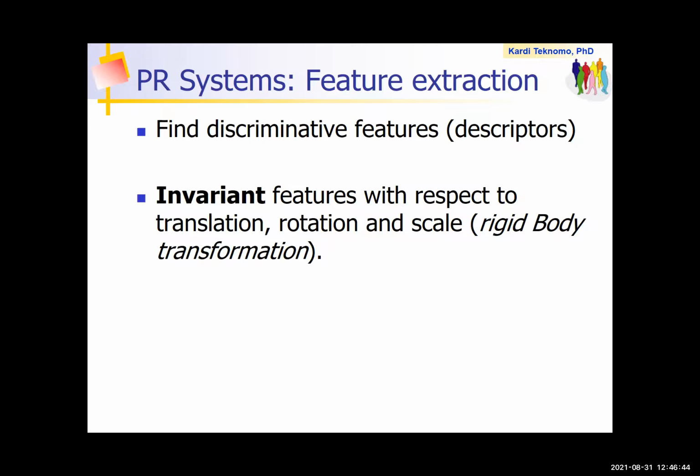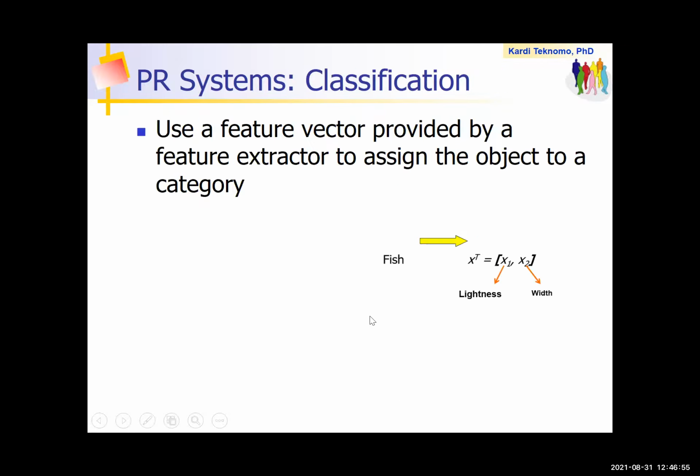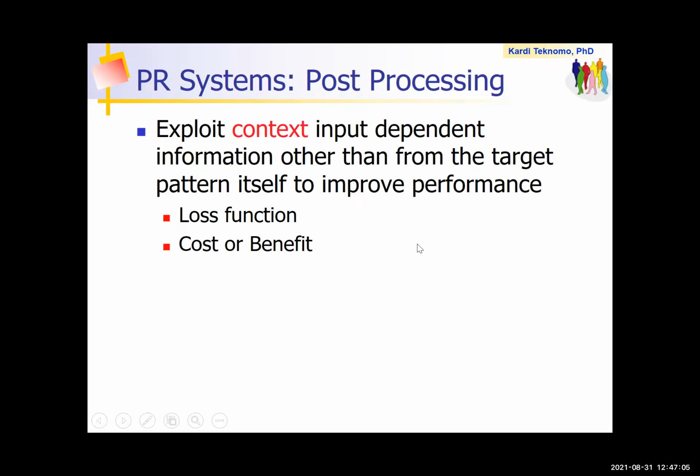There are some descriptors, some features that are sensitive to translation or sensitive to rotation. Then we probably cannot use them. Once you have this, you assign this vector into a category, and finally you do post-processing. You select among all of this based on what is called a loss function, or you can do cost-benefit analysis within several possible inputs and outputs that you have.